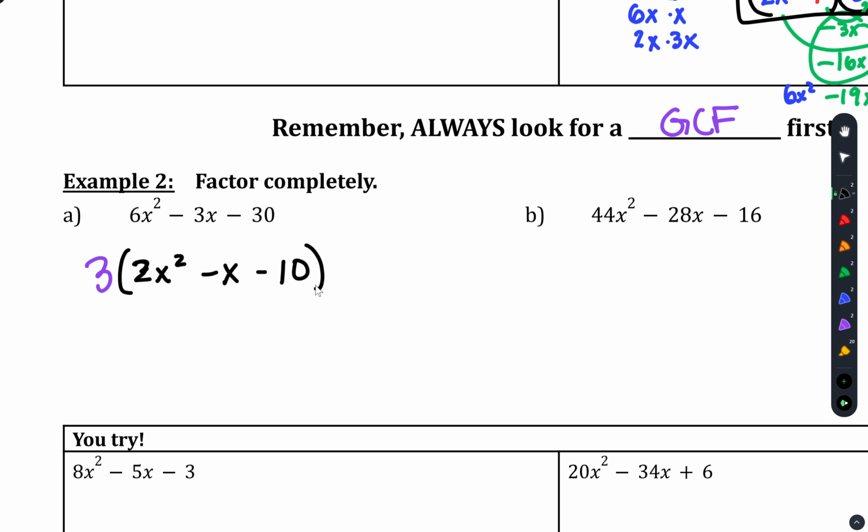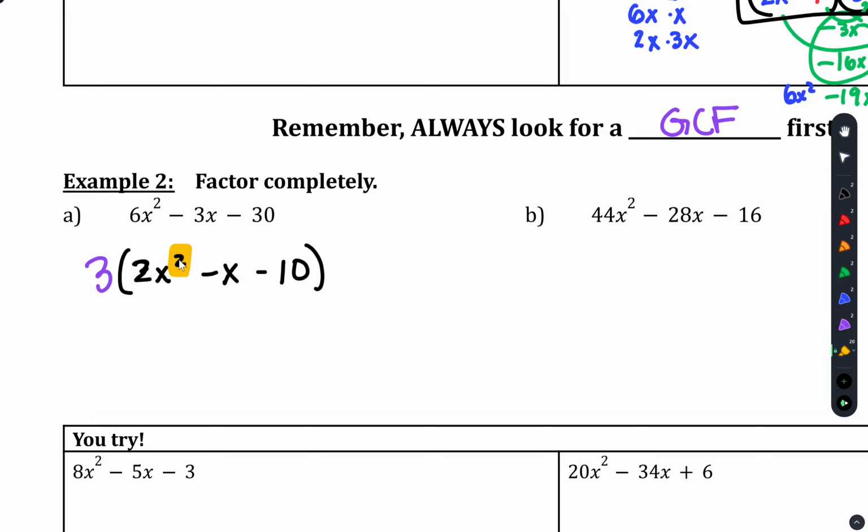Then we need to determine, can we keep going, yes or no? Do we remember what we look for to determine if we can still factor this? Cody? The degree has to be 2. So because my degree is 2 here, I know I can keep going. If you don't have a degree of 2, that's your answer, you're done.